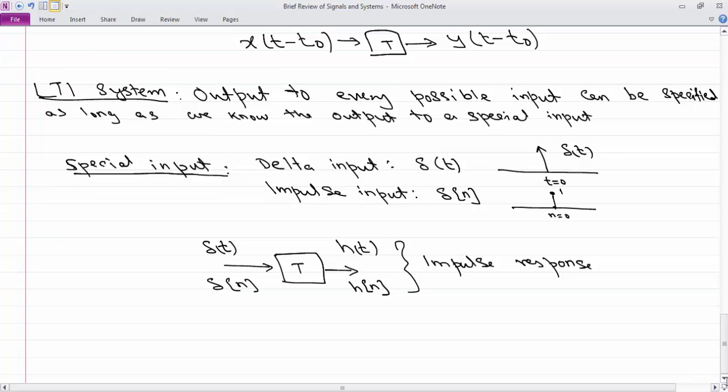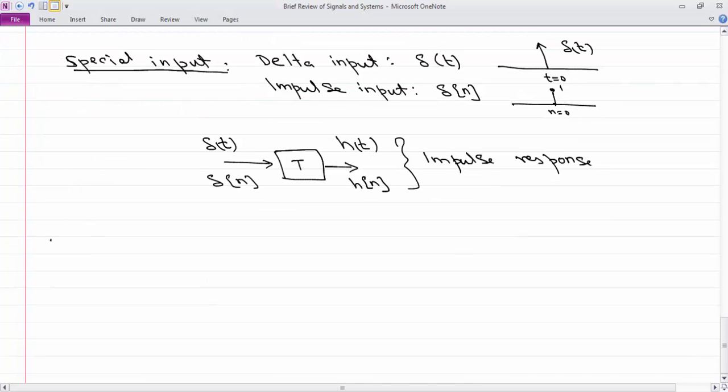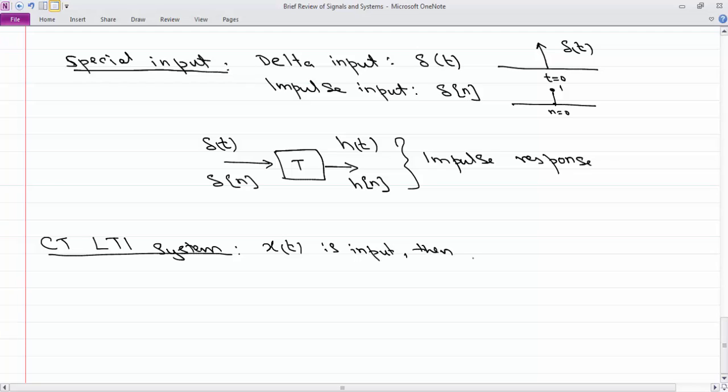If you know the impulse response, then for a continuous time LTI system, if you input x of t, then the output is given by y of t equals x of t continuous time convolution with h of t.